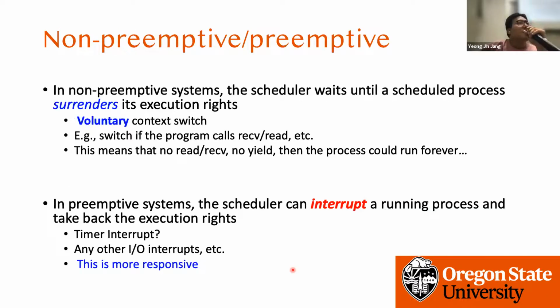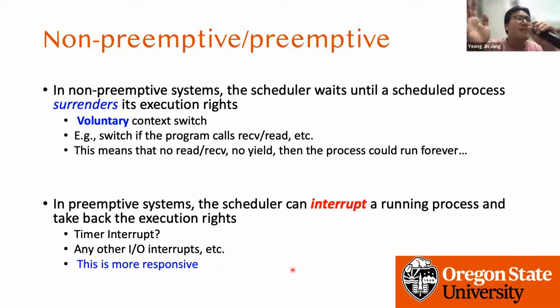The important concept here is that there are two types of schedulers. One is non-preemptive and the other is preemptive. For the non-preemptive systems, do you remember the picture that I presented, with the long waiting if one of the programs runs a while loop or something?